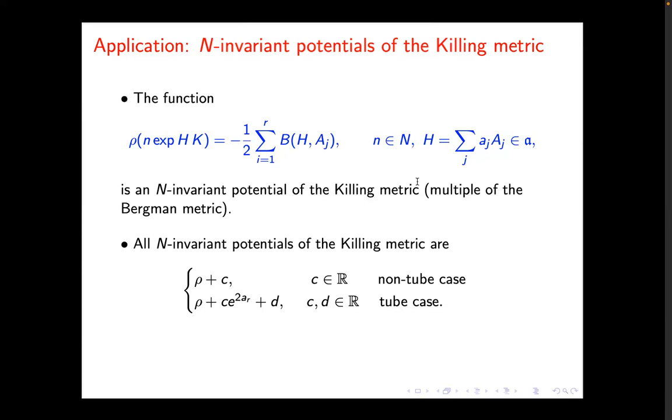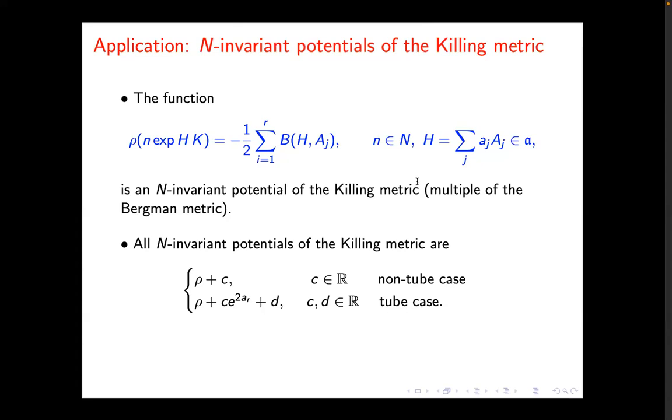In general, the potential of the Bergman metric is the log of the Bergman kernel function that comes from the space of H2, or L2 holomorphic functions, but here they don't appear.